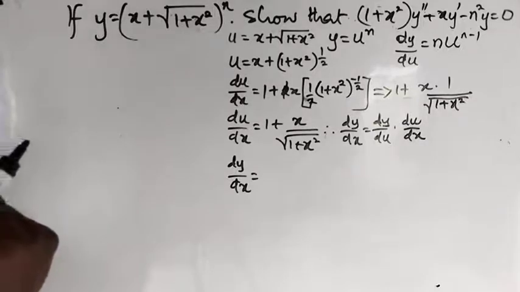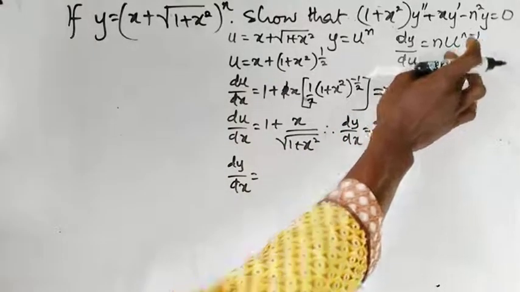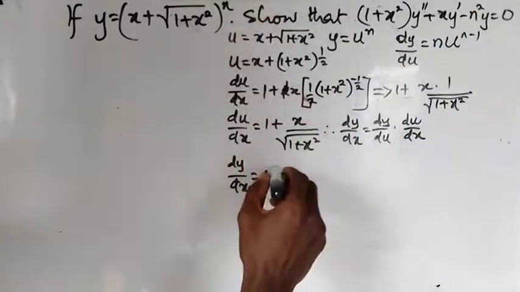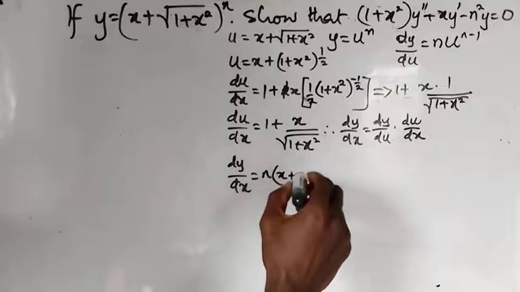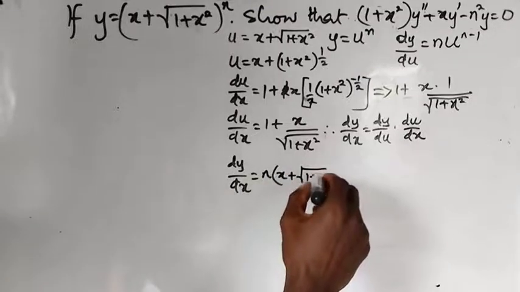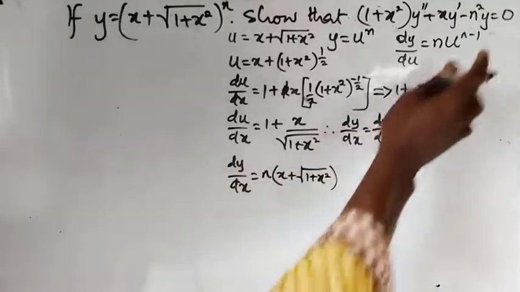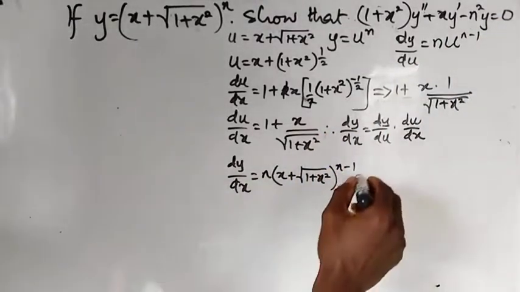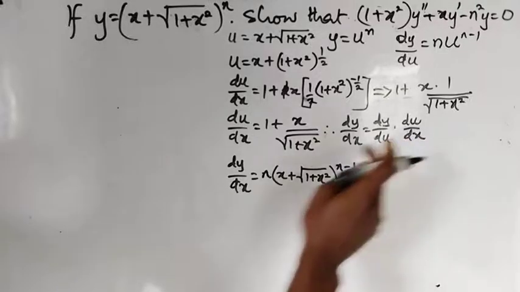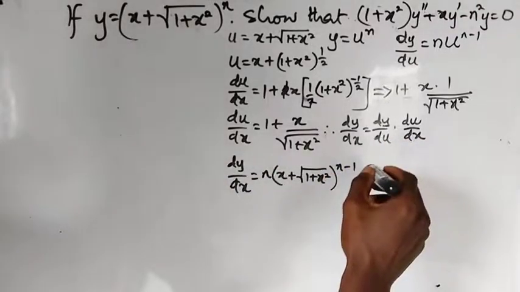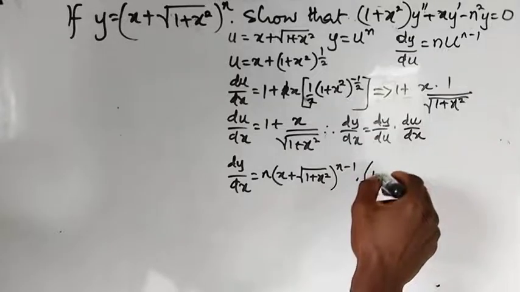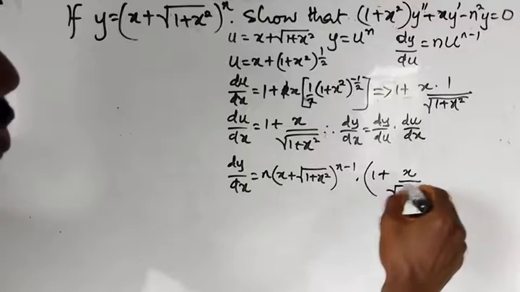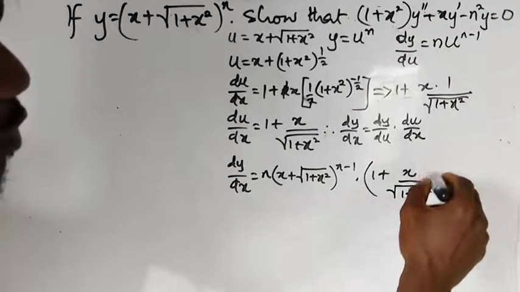Where's our dy/du? Dy/du is here, so here we have n, and our u actually is this, so into (x + √(1 + x²)) all to the power of n minus 1. Then times du/dx, which is this, into the bracket (1 + x) over the square root of 1 plus x².